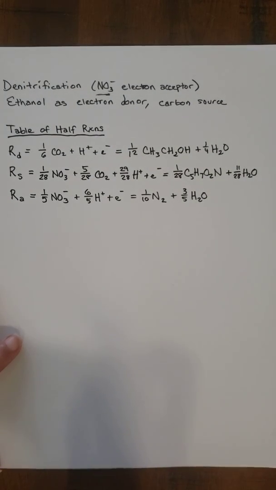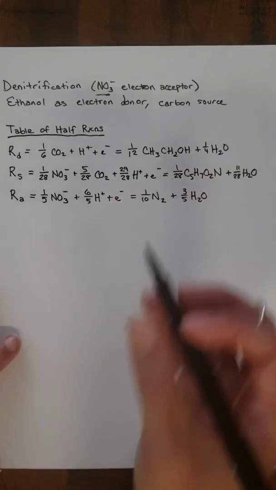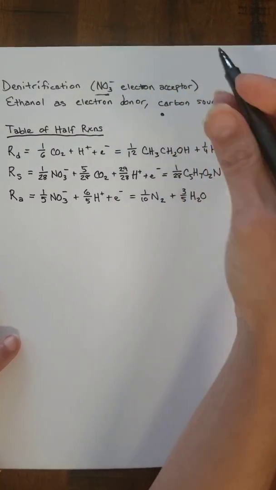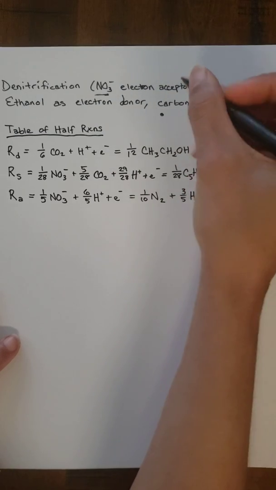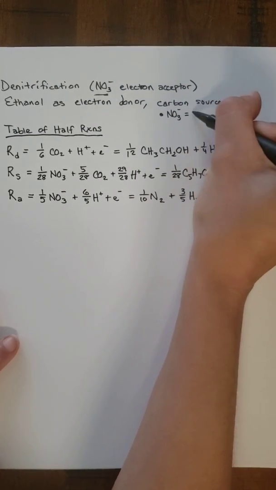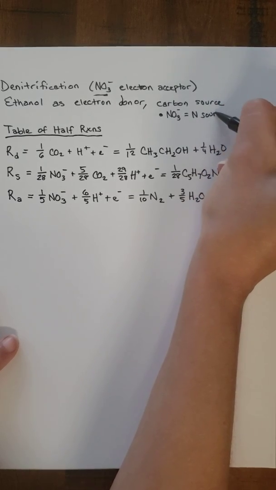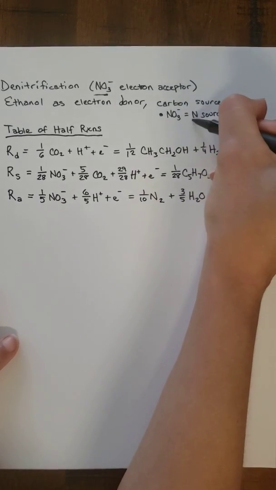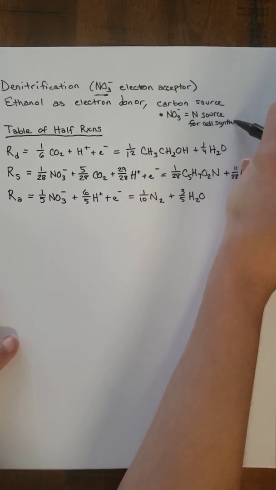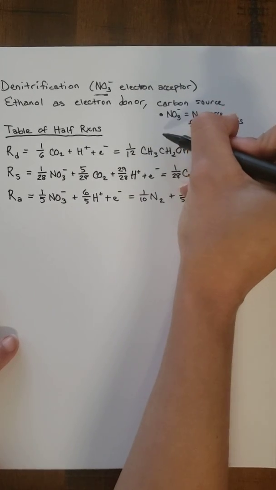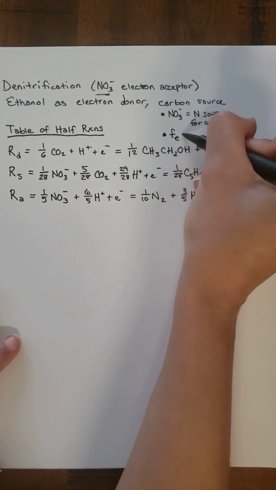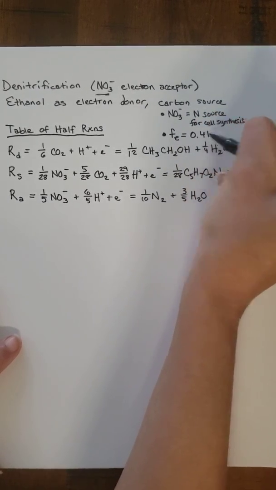Okay, and so we're going to assume a few things. So first, the assumption that we used for our cell synthesis was that nitrate was our nitrogen source for cell synthesis. And then let's also assume that our fe is 0.41.